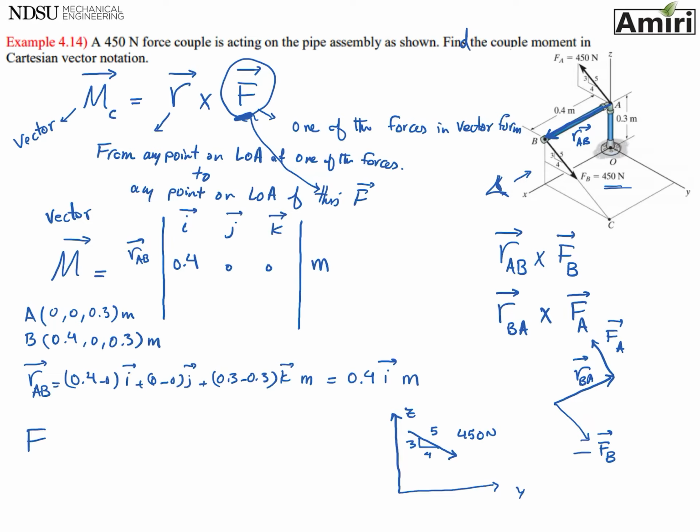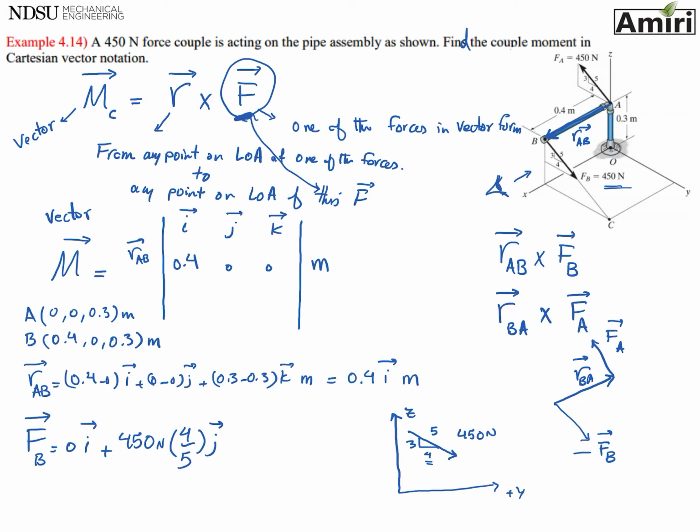So my F_B is going to be, the X component of it is 0, so it's 0 I. The Y component is going to be magnitude 450 Newton. I'm looking for the Y component, so I'm going to go with 4 over 5 J, and that's going towards positive Y, so I'm going to leave it as positive.